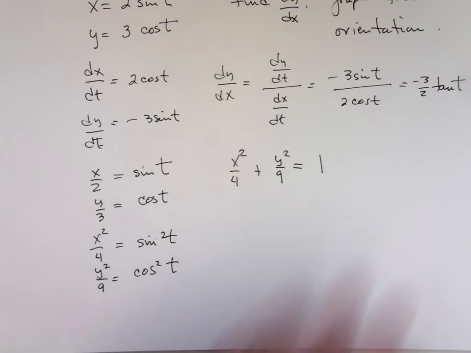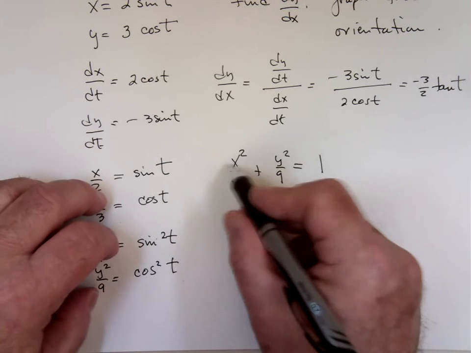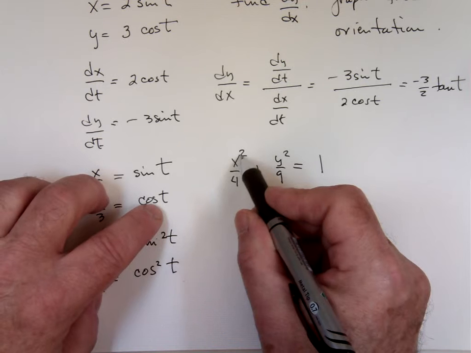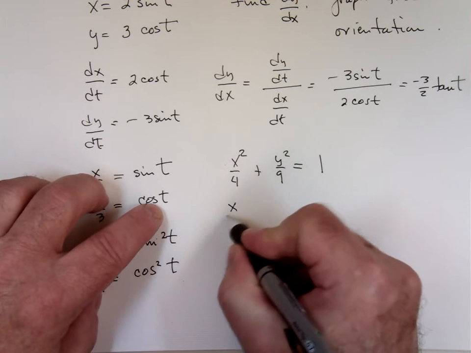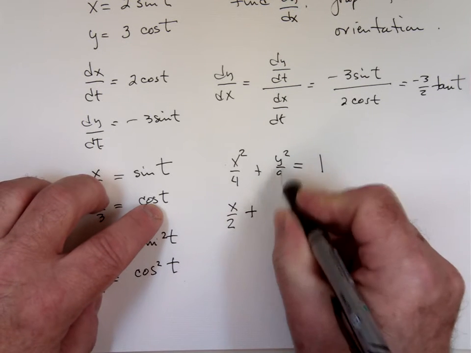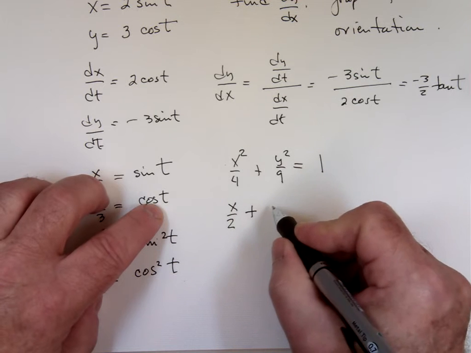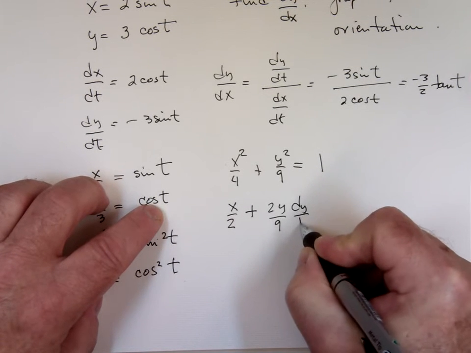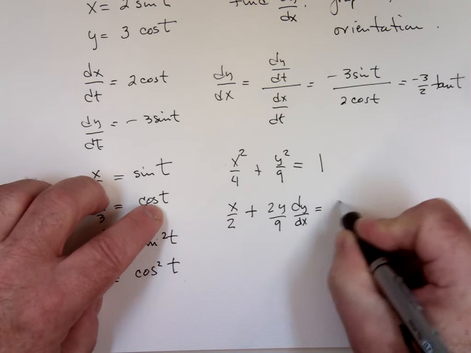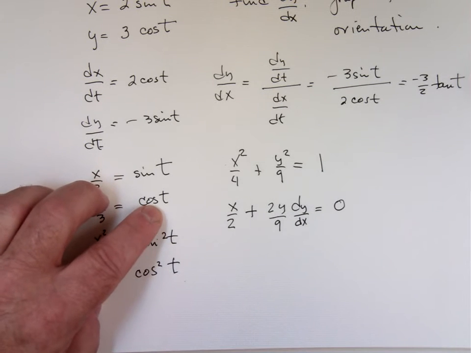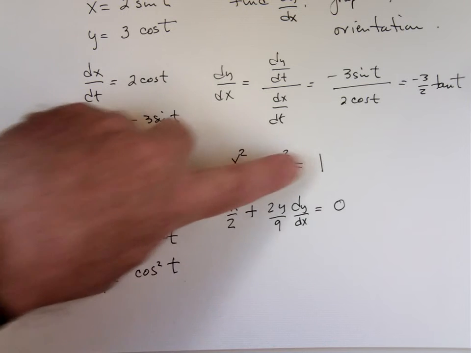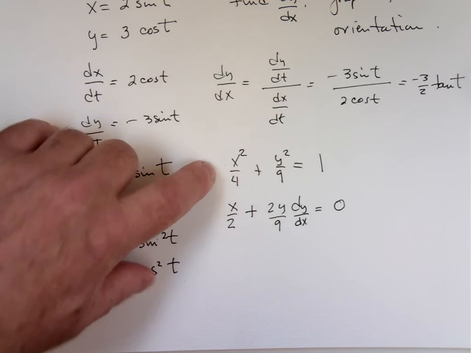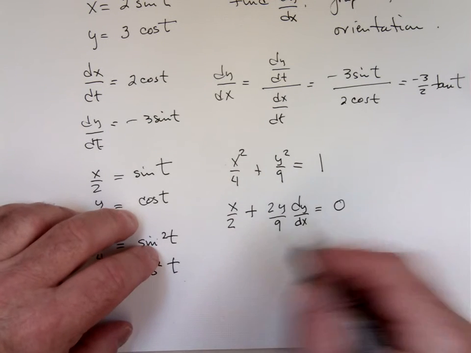We can find the derivative by using implicit differentiation, for example. Let's do it. Take the derivative: 2x over 4, plus 2y over 9 dy/dx, equals 0. I'm just taking the derivative with respect to x, implicit differentiation. I'm going to throw the x on the other side.